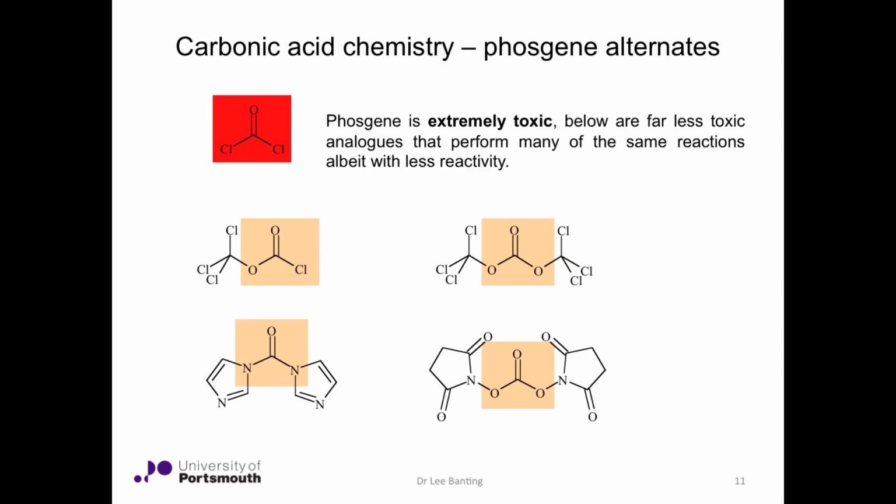Now, when we've talked about phosgene in the chemistry here, the thing with phosgene is industrially or within laboratories, phosgene would be an extremely toxic entity to use. So there are some far less toxic analogues that perform the same functions as phosgene, but with slightly less reactivity, but certainly much more acceptable in terms of their toxicity.